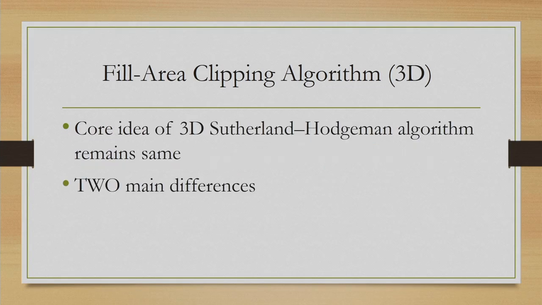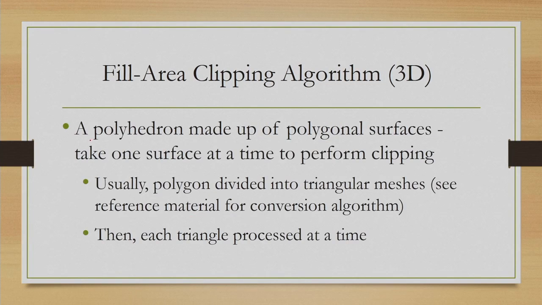Here also the core idea of the 3D Sutherland-Hodgeman algorithm remains the same as the 2D version, with 2 main differences. What are those differences? A polyhedron is made up of polygonal surfaces. So, here we take one surface at a time to perform clipping. Earlier we took one line at a time, here we are taking one surface at a time.